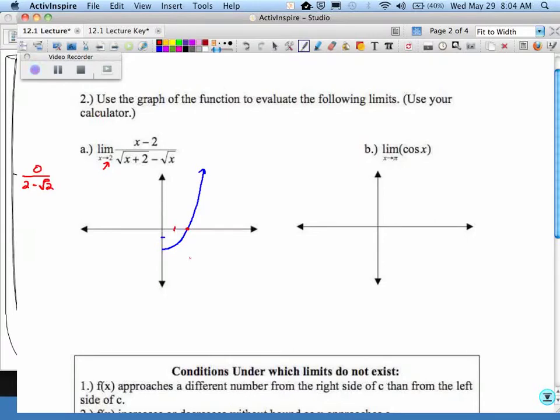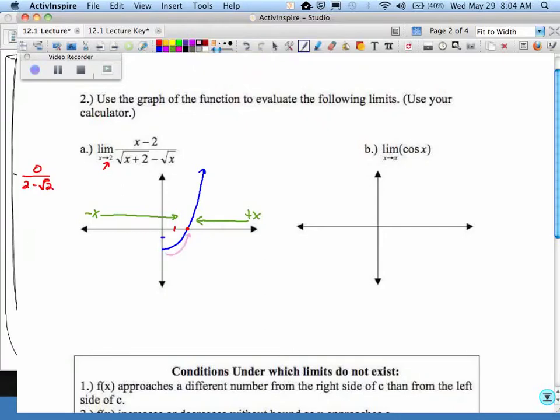So the visual you have to understand is that you go over to the negative side of that input and work your way in on the number line. Then you go from the positive side and work your way in. As you come in from the negative, left-hand side, the outputs are coming up to that dot.